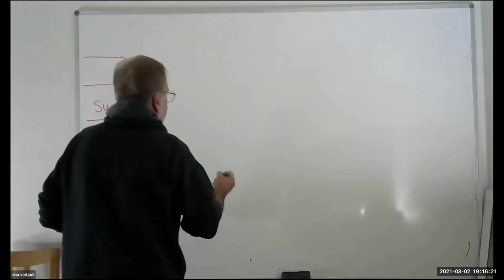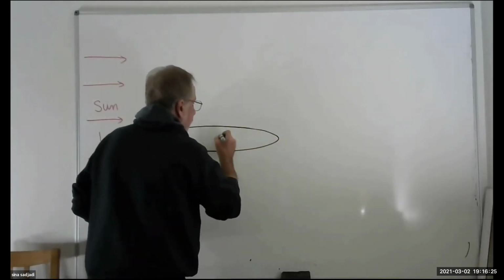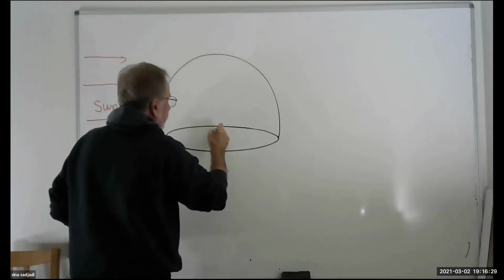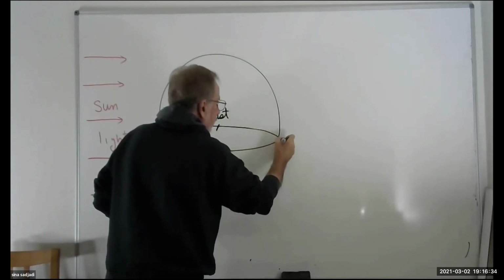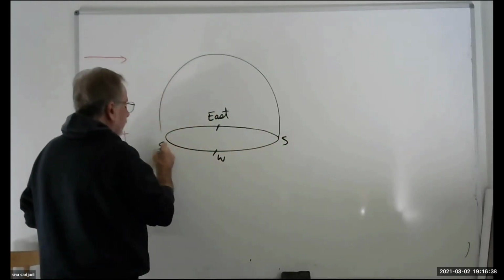Okay, the moon position is east. So let's draw this out. The moon's position is east, and the elongation is 135 west.